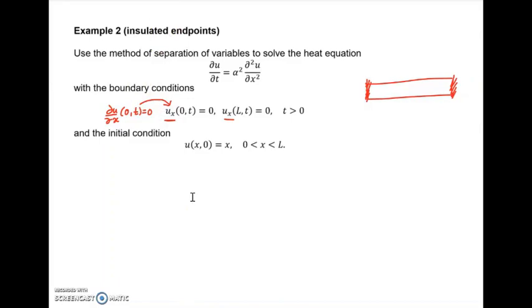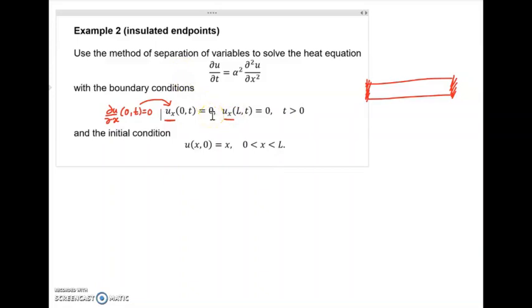At the left and also at the right, you can see the derivative of both is equal to 0, meaning that no heat can go out or come in. That's what it means mathematically by the insulated case.